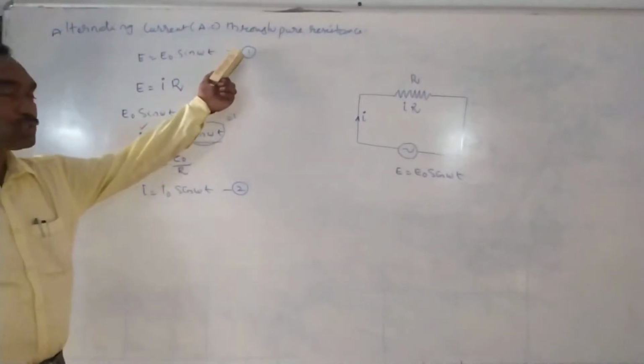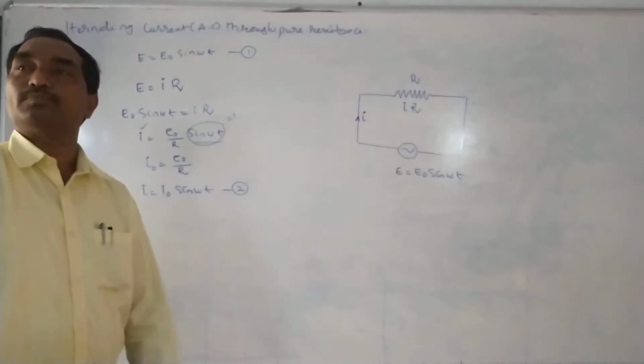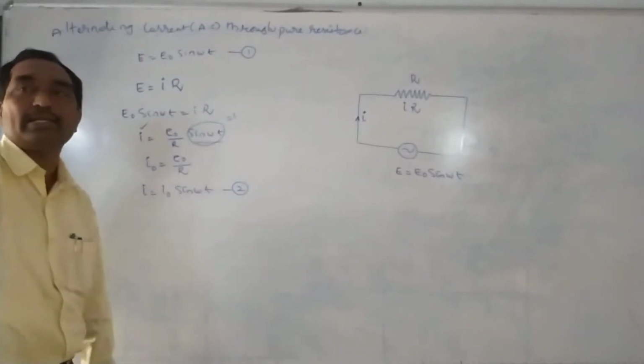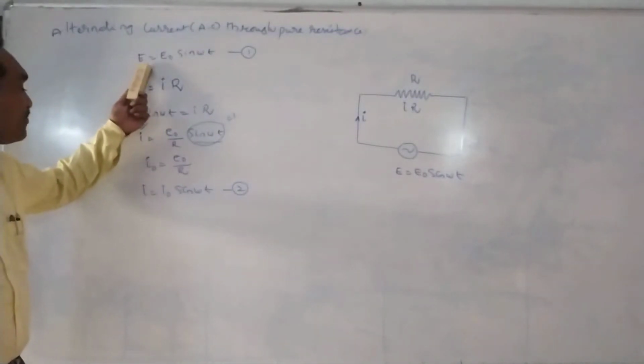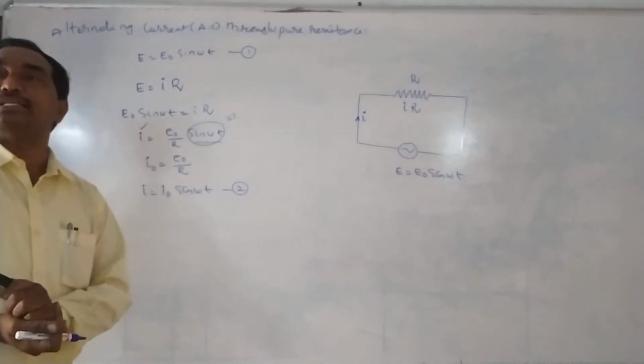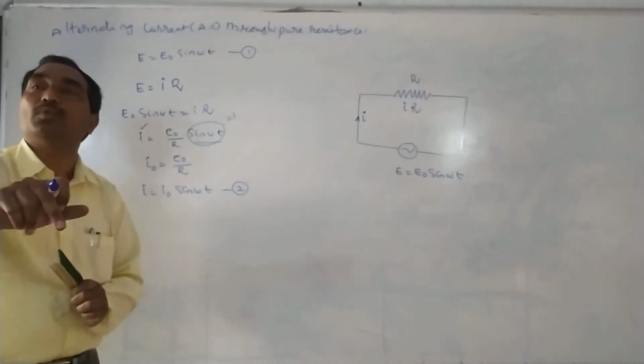When we compare these two equations, 1 and 2, both have sin omega t, so the EMF and the current are in the same phase. That is, the phase difference is 0.